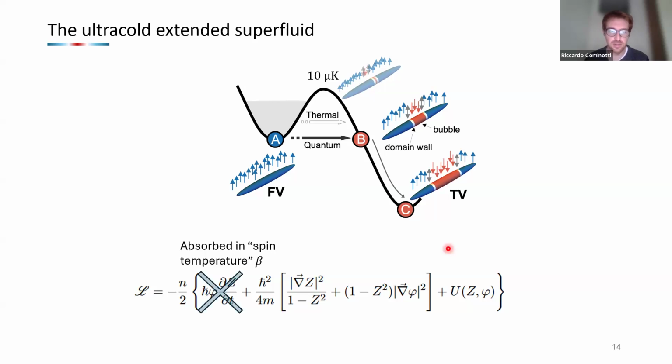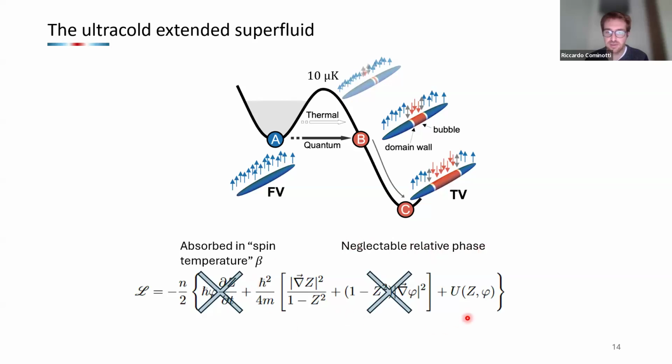At first, we have introduced the temperature, so we have neglected the temporal derivative, and we introduced this beta parameter, which is a kind of spin temperature of the system. The second thing is that we have neglected any relative phase contribution, in particular any gradient of the relative phase. This is because the ground state of the system, this double well structure, occurs only for phi equals 0.